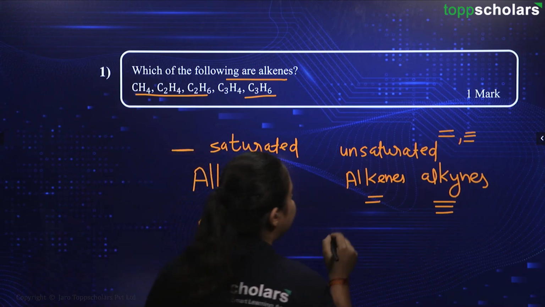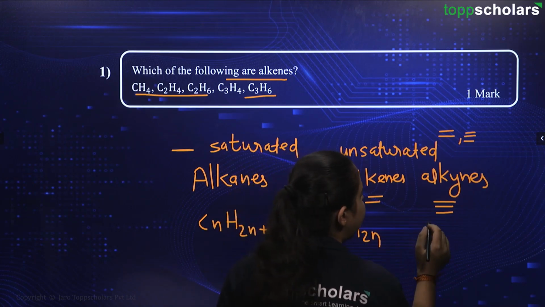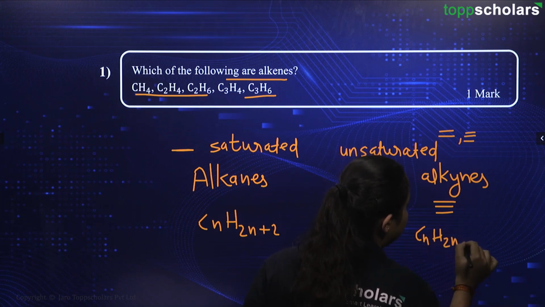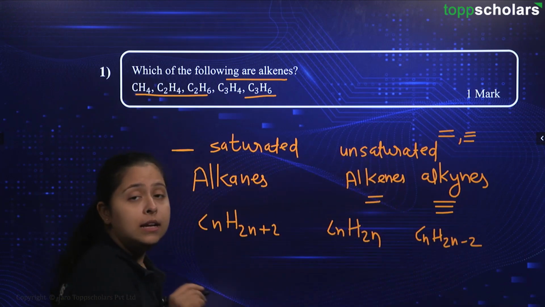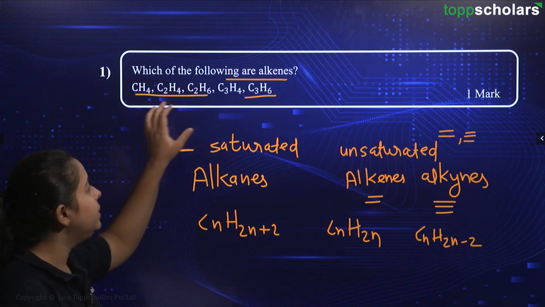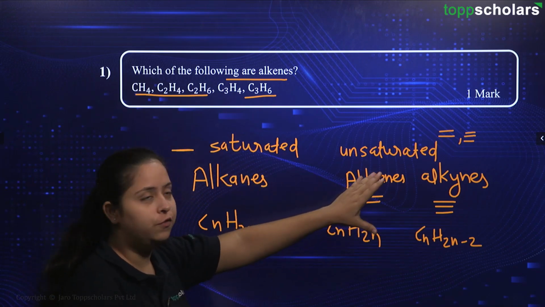Okay. For alkenes, we have CnH2n. For alkynes, we have the general formula, that is CnH2n-2. Okay. So, following this formula, we will try to see which of these compounds follow the general representation for alkenes.